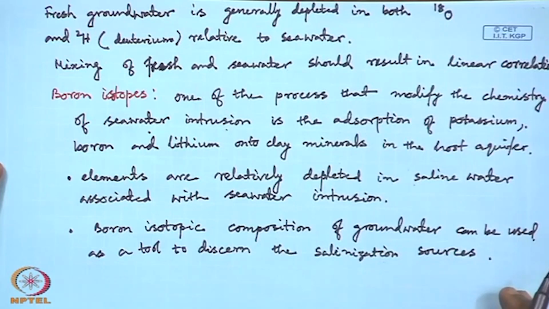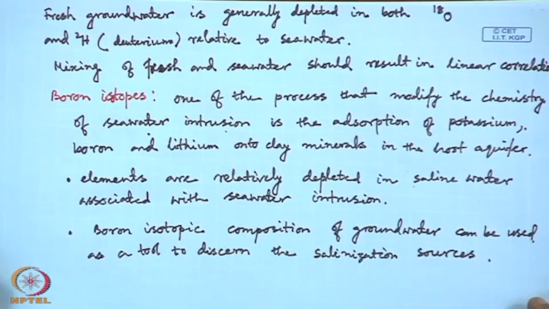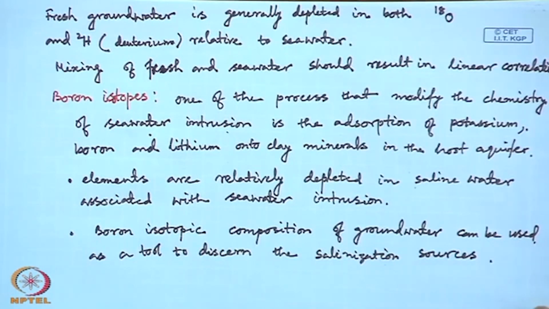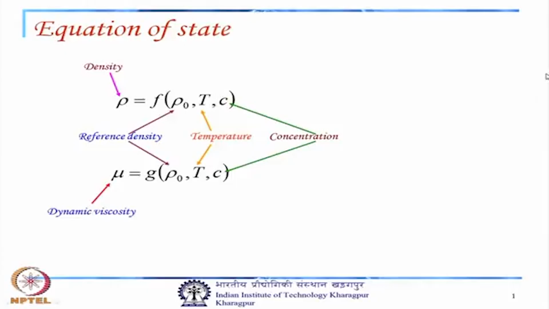Next thing is that in density dependent flow, the density depends on the reference density, temperature and concentration. Similarly, dynamic viscosity is also a function of the reference dynamic viscosity, temperature and concentration.